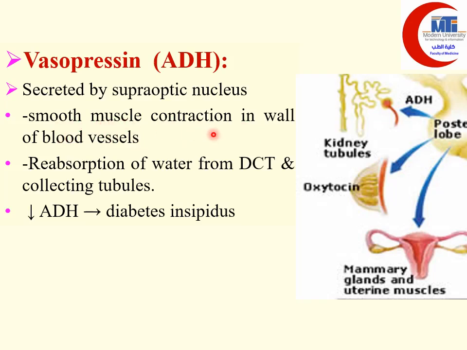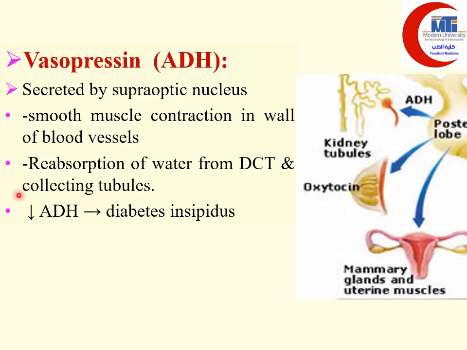And from its name, antidiuretic hormone, it causes reabsorption of water from the distal convoluted tubule and collecting tubules of the kidney. So it causes concentration of urine.